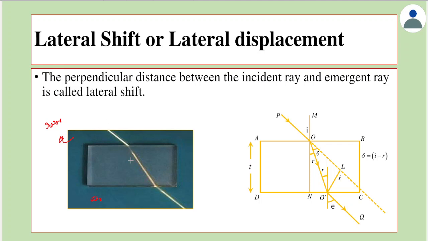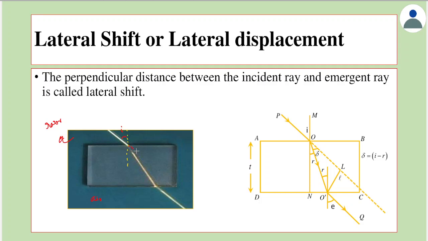Then if you look at the light ray falling on the glass slab, if we draw a normal at this point, this light ray is moving from rarer to denser medium. The angle here is called the angle of incidence I. If the glass slab was not there, light would have gone straight like this.